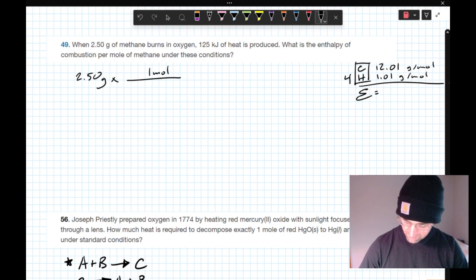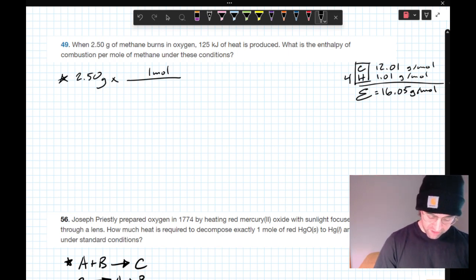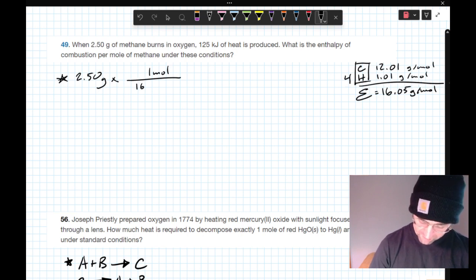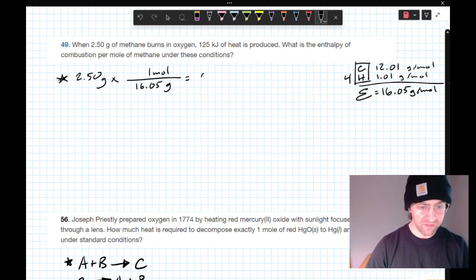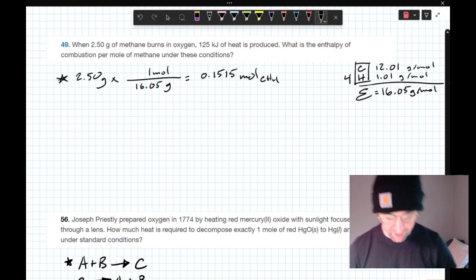The sum is 16.05 grams per mole. So back to our dimensional analysis, we're given 2.5 grams. We divide that by 16.05 grams per 1 mole of methane, which gives us 0.1515 moles of methane, that's CH4.